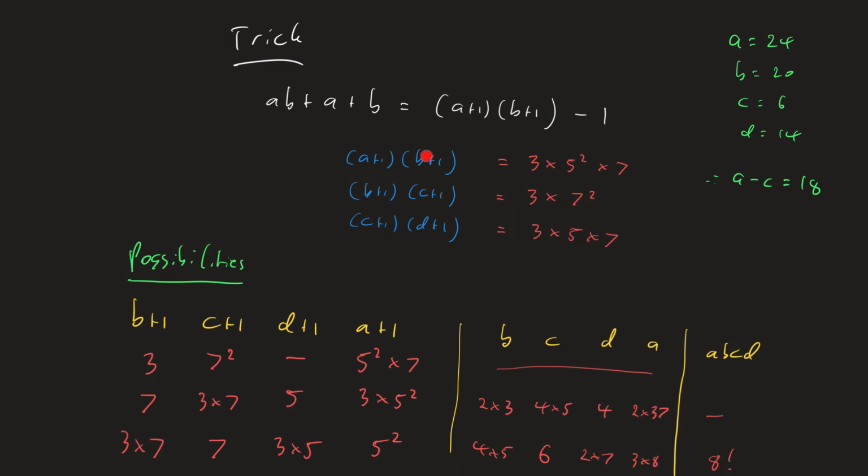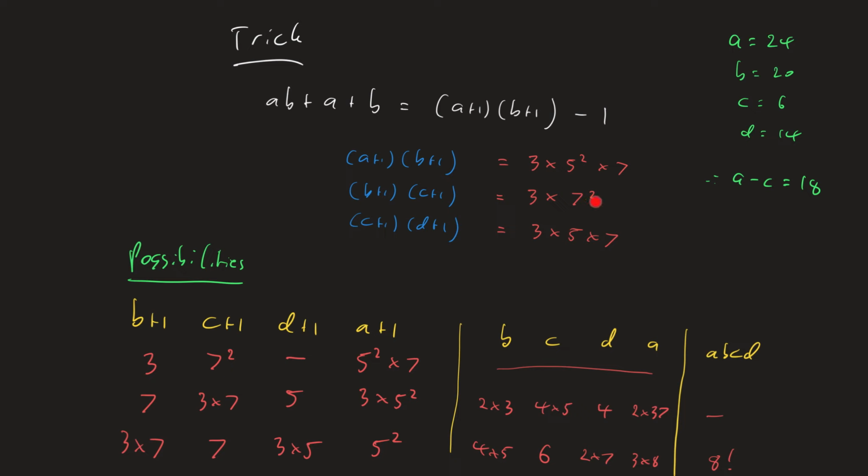Because each of A, B, C and D are positive integers, the smallest they could be is 1, and so the smallest one of them plus 1 could be is 2. Therefore, each of the 2 terms on the left-hand side must contain at least one of the factors on the right-hand side, and by uniqueness of prime factorization, each of these factors on the right-hand side must occur in one of the 2 terms on the left-hand side.